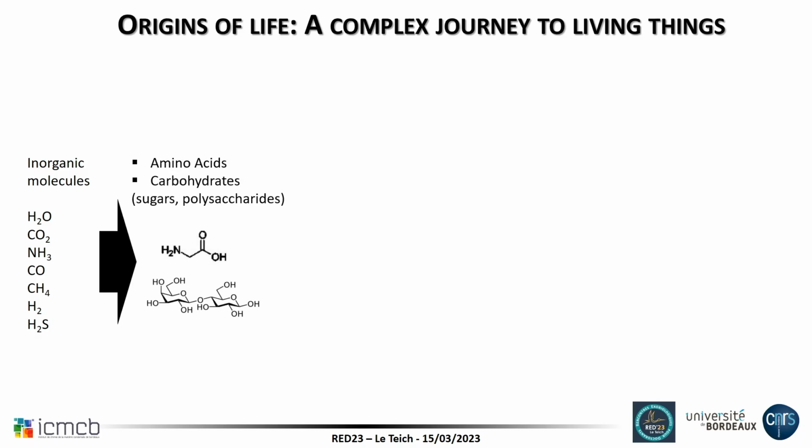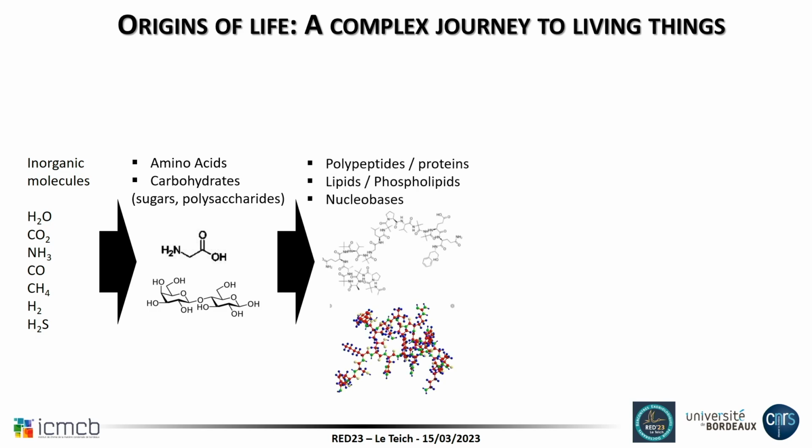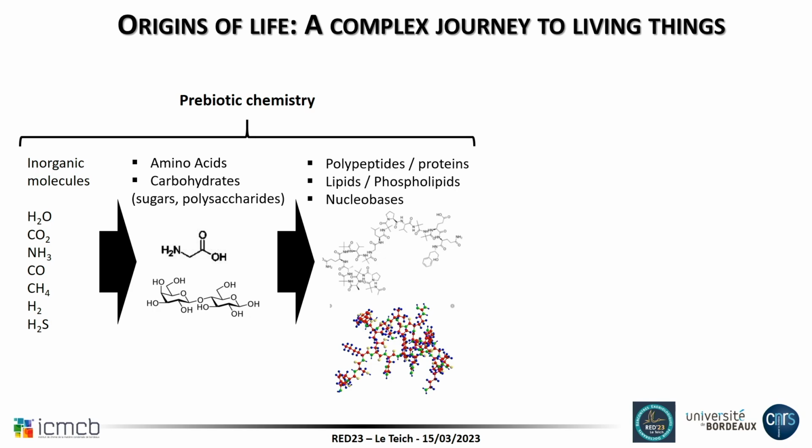So origin of life is a complex journey from tiny small molecules, what I would call inorganic molecules, water, CO2, ammonia, and so on, that could combine through different types of abiotic chemical reaction, or biotic as well, but in our case we're going to consider abiotic, to form more complex molecules such as amino acids, carbohydrates, and so on, which are the starting point through polymerization to polypeptides, proteins, lipids, phospholipids, nucleobases, that can represent basically what we can call prebiotic chemistry.